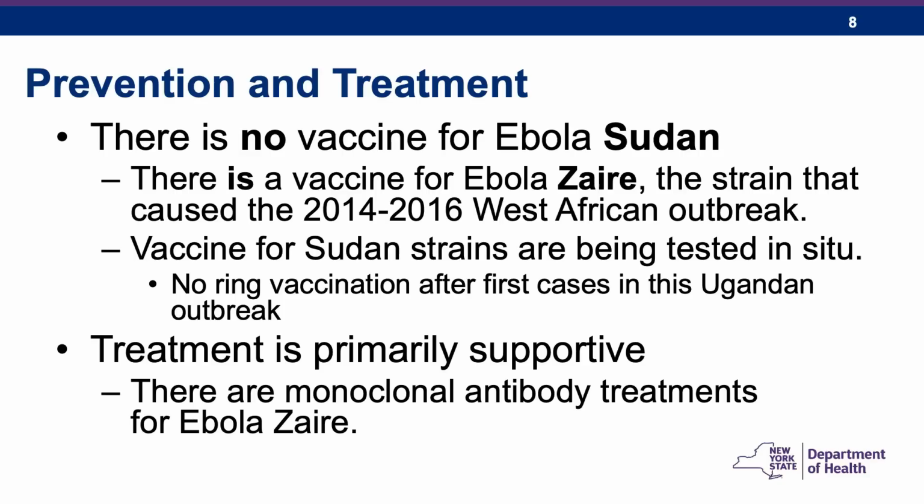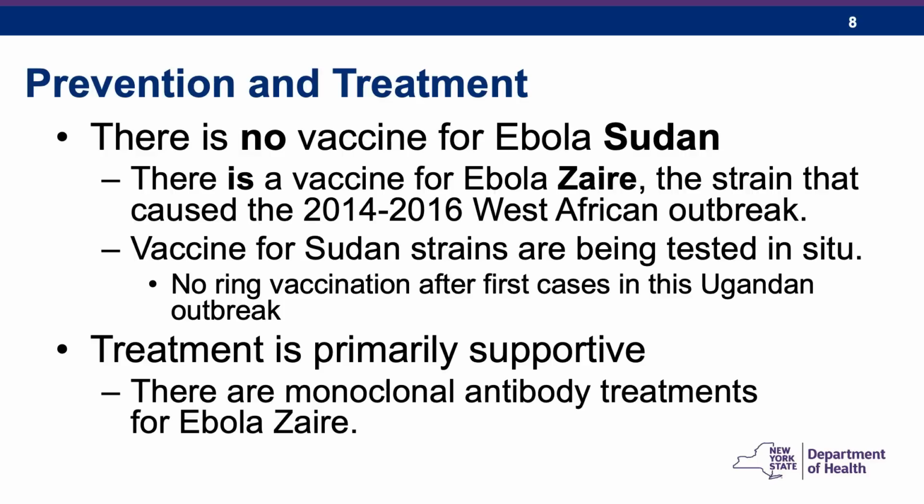I want to touch a little bit on prevention and treatment for Ebola. It's important to note there is no vaccine for Ebola Sudan, which is what's causing the current outbreak. There is a vaccine for Ebola Zaire, the strain that caused the 2014-2016 West African outbreak. The vaccine for Sudan strains is currently being tested, but there was no ring vaccination after the first cases in this Ugandan outbreak, so there are some clinical trials going on.